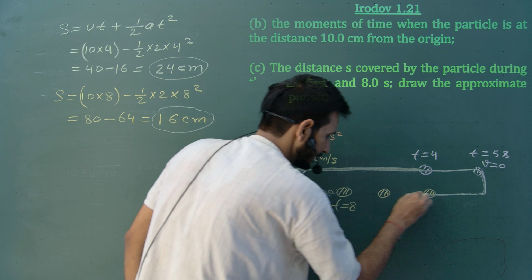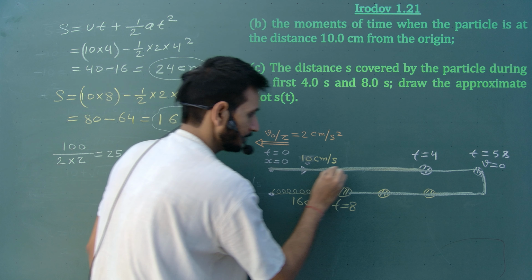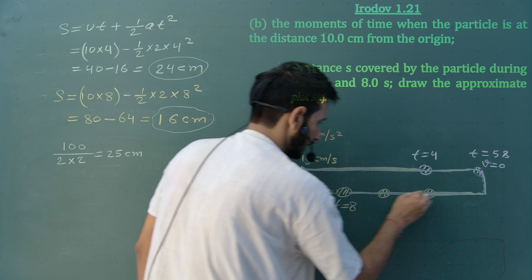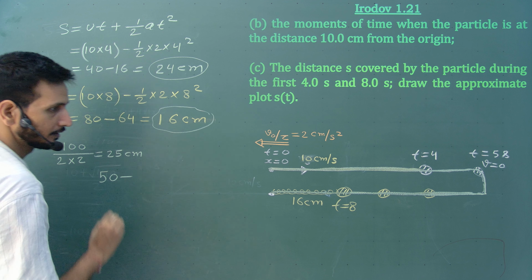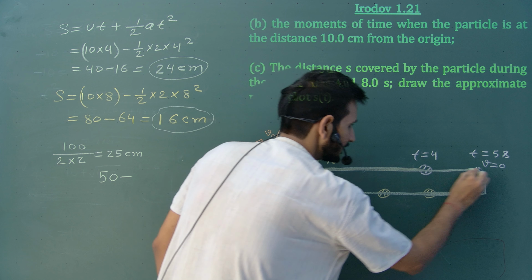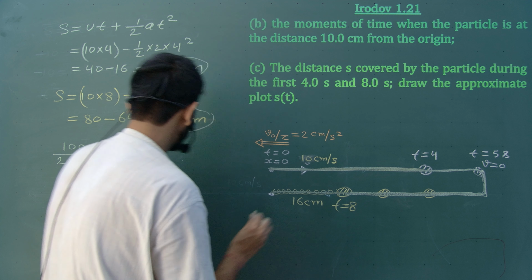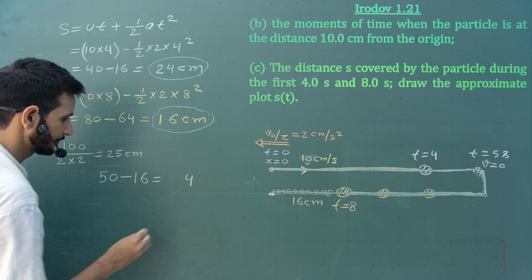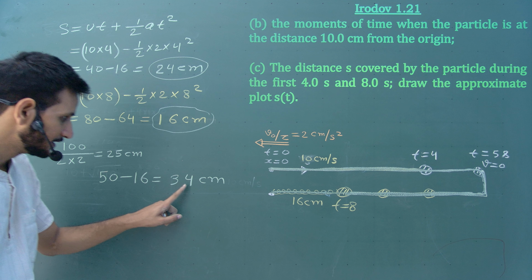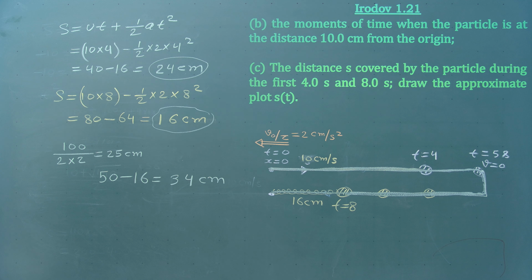So this is 25 centimeter. Now this is 25, this is 25. So total is 50. And we have to count only this length and this length, so minus 16, minus 16. So 50 minus 16 is 34. So at time t equal to 8 seconds, the distance covered is 34 centimeter. So this is the answer.